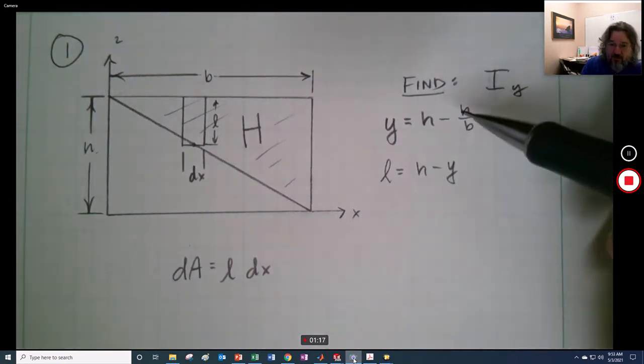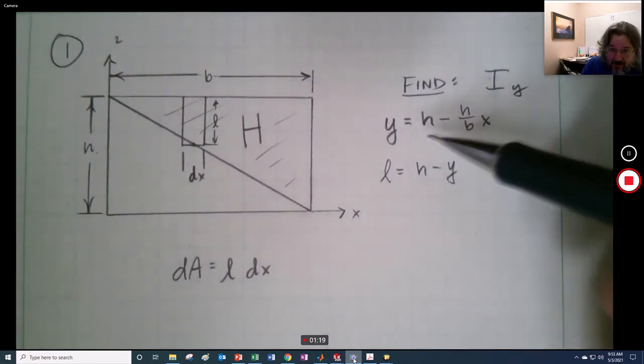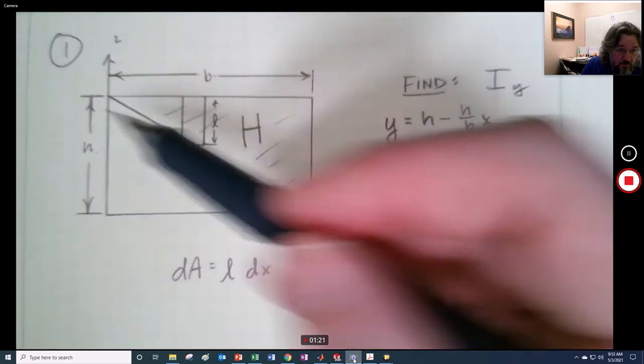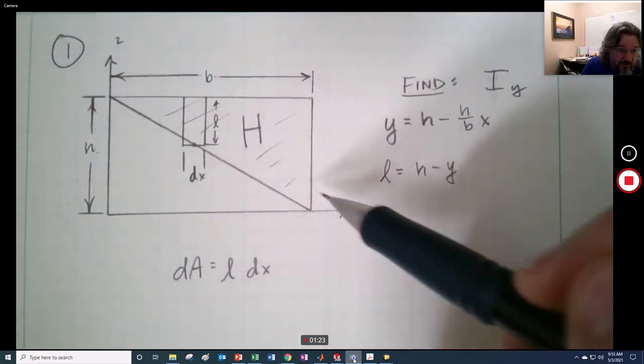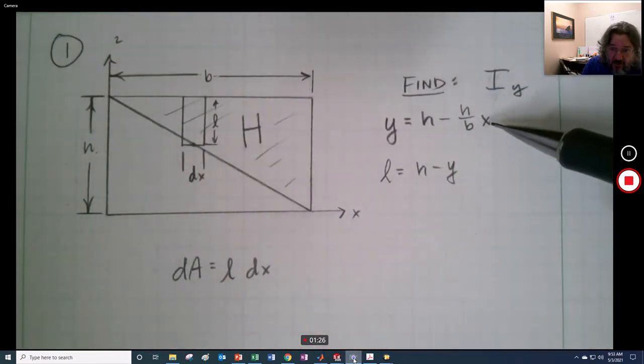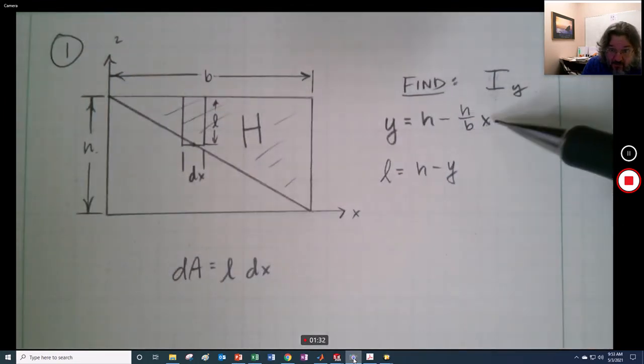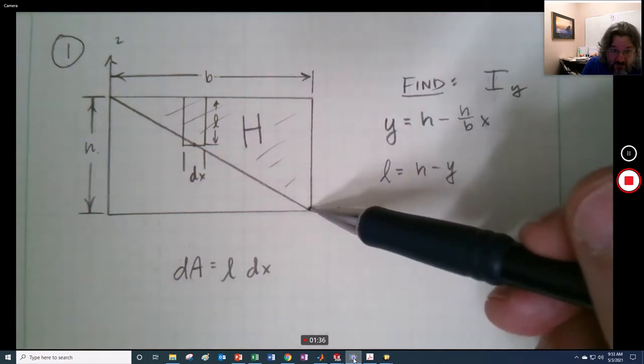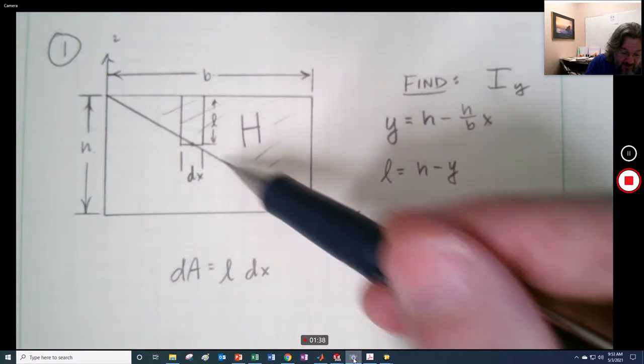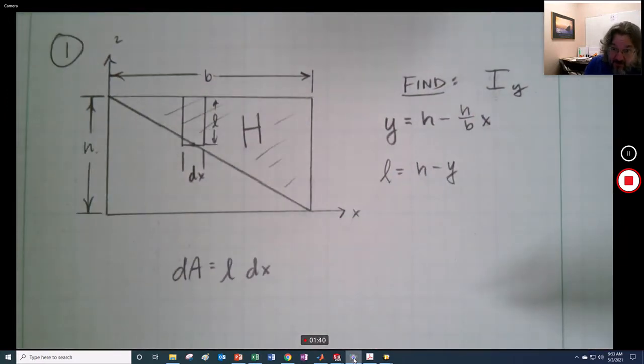If we want to try this out, when x is equal to 0, y is equal to h. That's true. If x is equal to b, then that's going to be h over b times b, so h minus h, which is 0. So this line is defined by this equation.